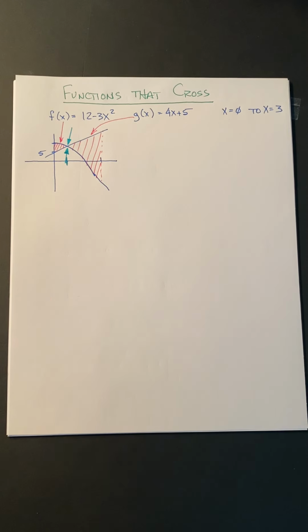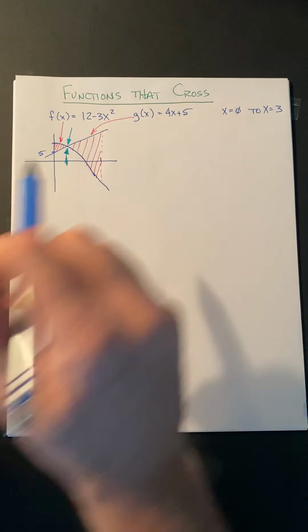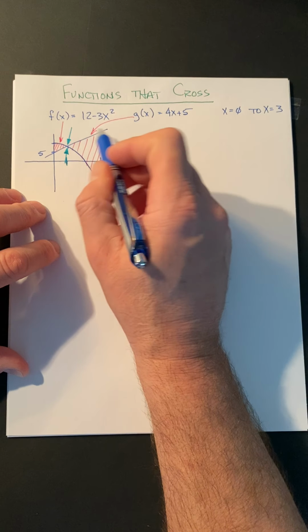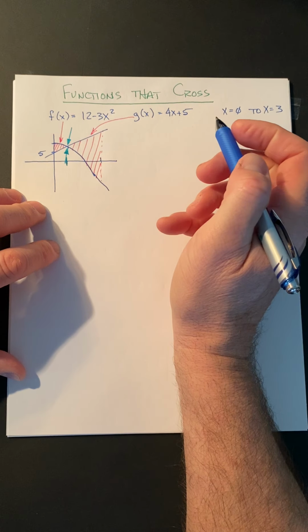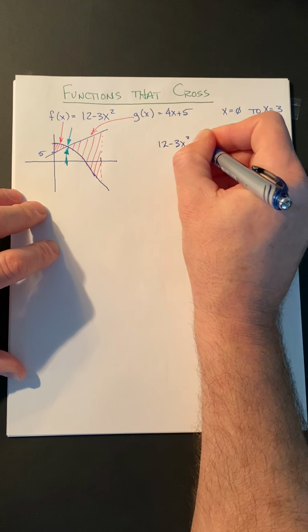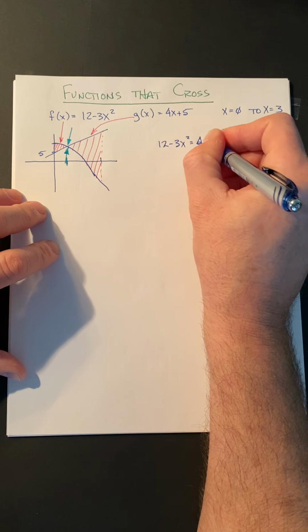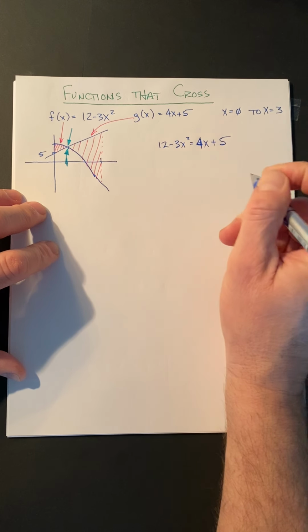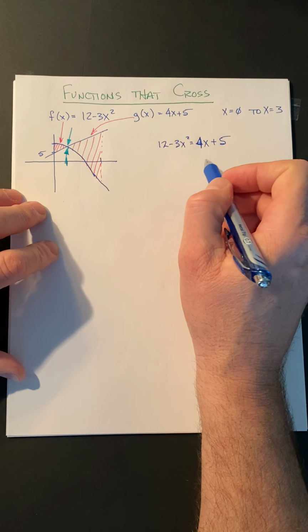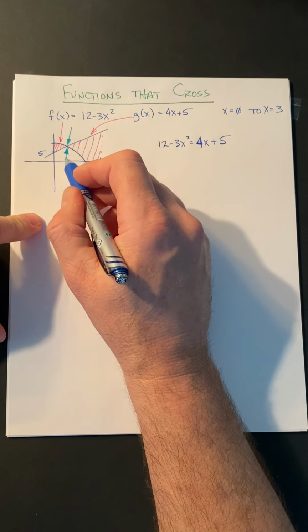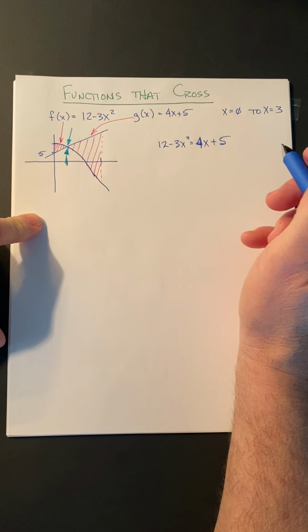Well, they're going to have the same value there, right? So if they're going to have the same x and the same y, that means they have to be equal to each other at that point, doesn't it? So let's set these two functions equal to each other. If I set them equal to each other, I should be able to find these coordinates for this intersection.